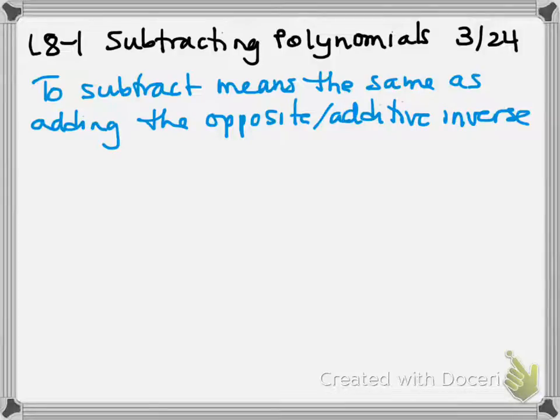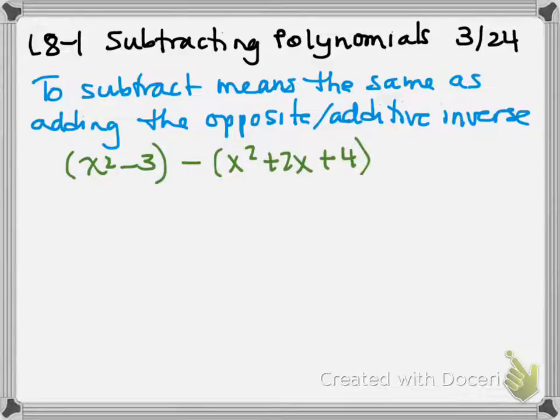So what happens is, I'll do a real simple example here. Let's say we have x squared minus 3, and I want to subtract from that x squared plus 2x plus 4. So this also brings up the distributive property, because basically when I'm doing subtraction, I want to add the opposite.